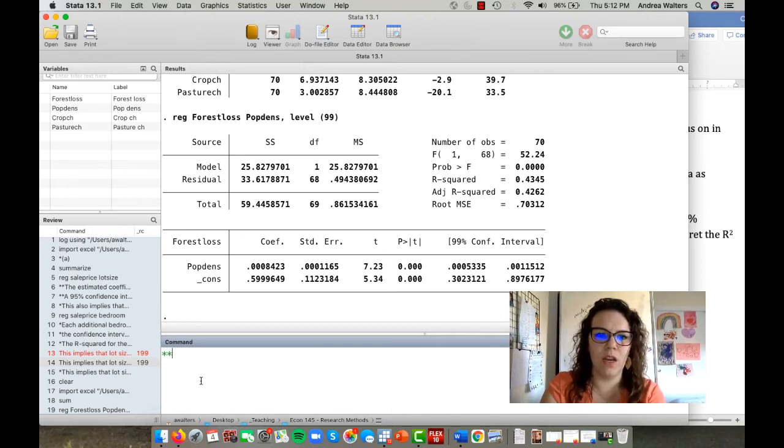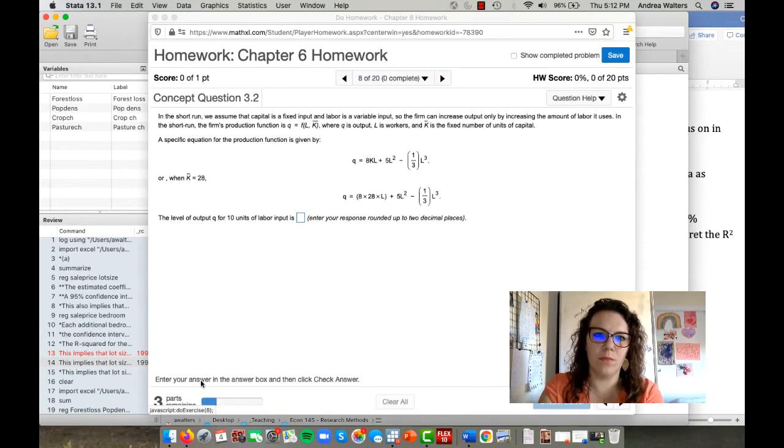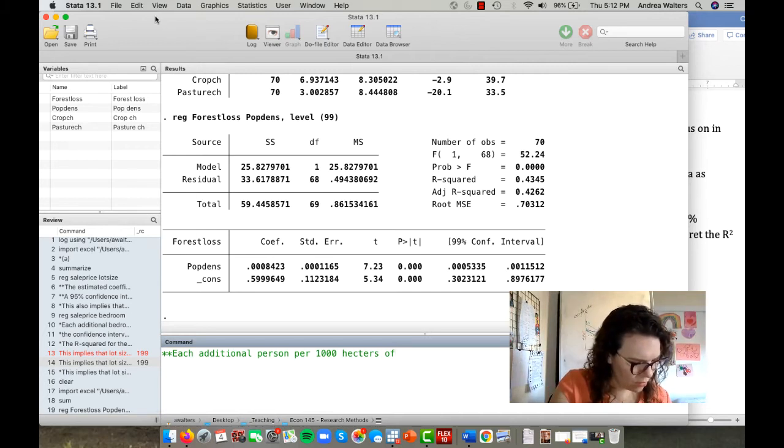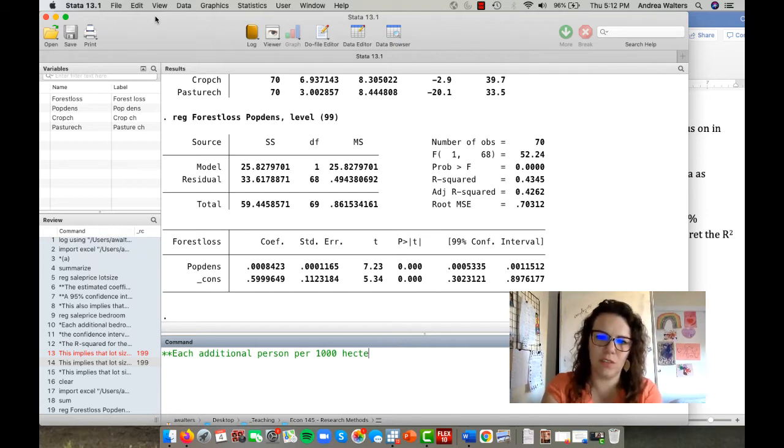So our marginal change in X is per 1,000 hectares, and that will tend to increase forest loss by 0.0008%.